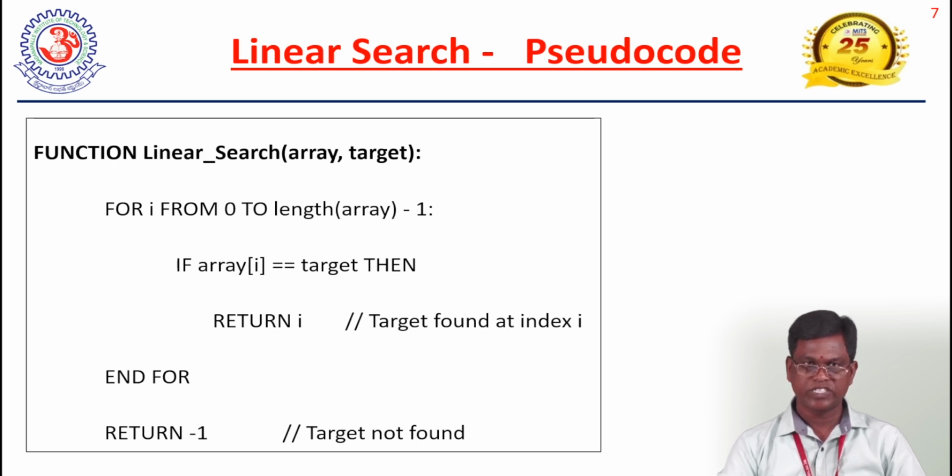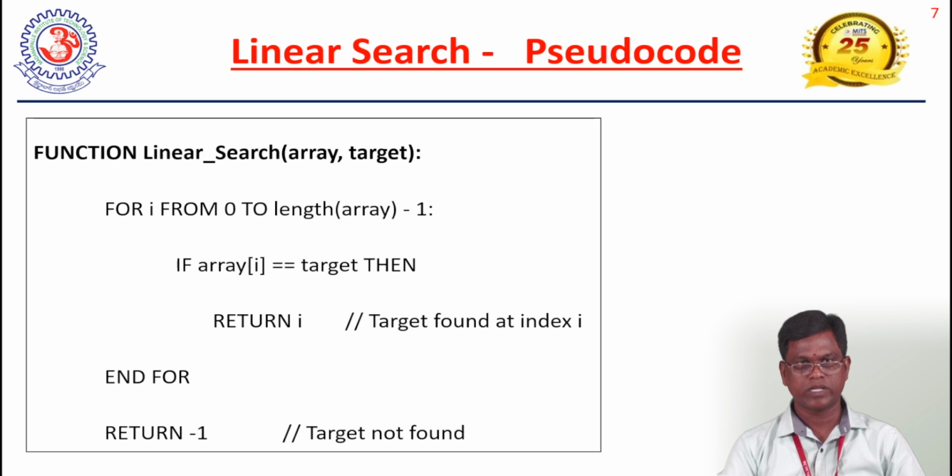Initially we start with the first element, array of 0, and compare it with the target element. If the array element at the specified location is equal to the target element, then I will return that particular index value, which indicates the location of the target value.